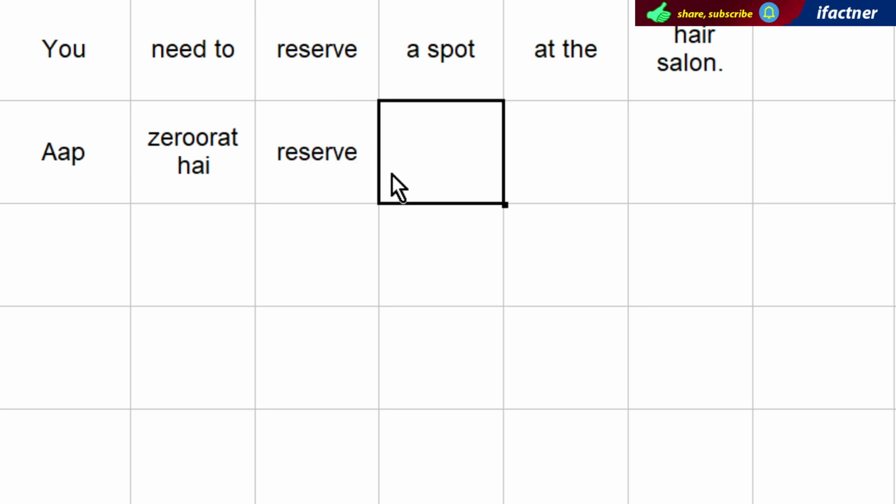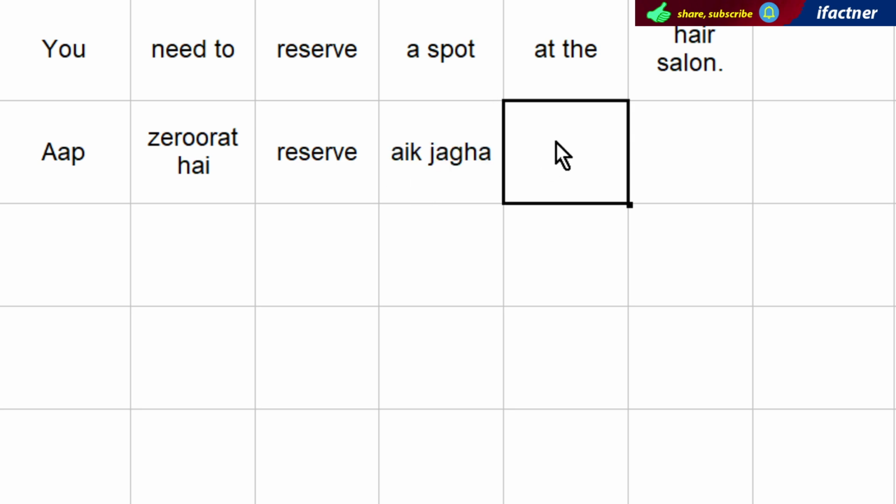A spot is jagah. A is ek and jagah is spot. At the is par, and hair salon can be translated as hair salon or बालों का saloon.